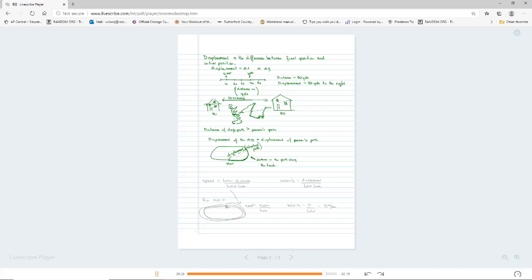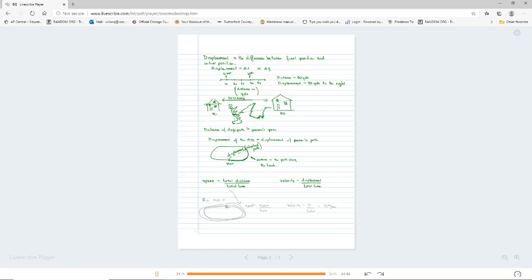And now let's tag on to those speed. Speed is total distance over total time. And velocity is displacement over total time. So let me give you another example from the track.